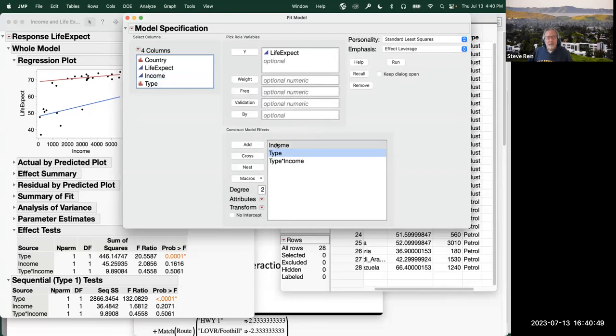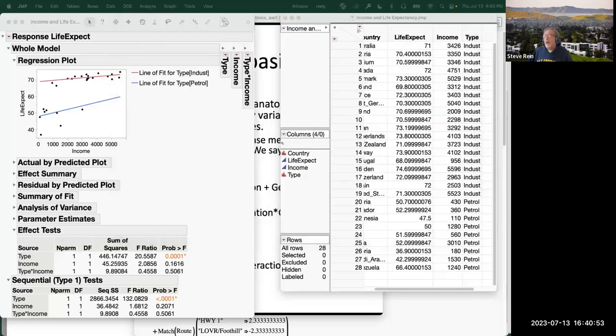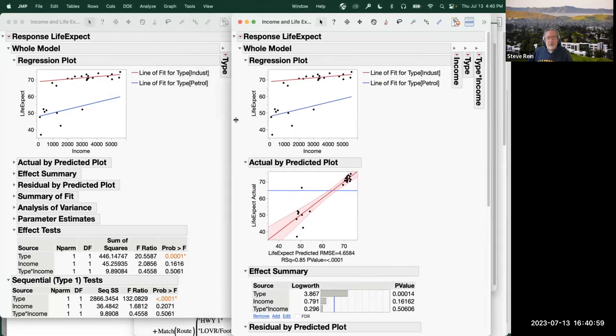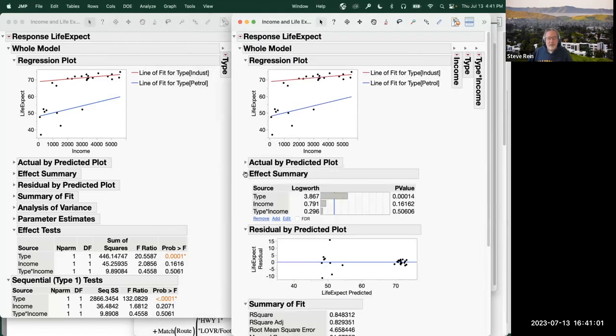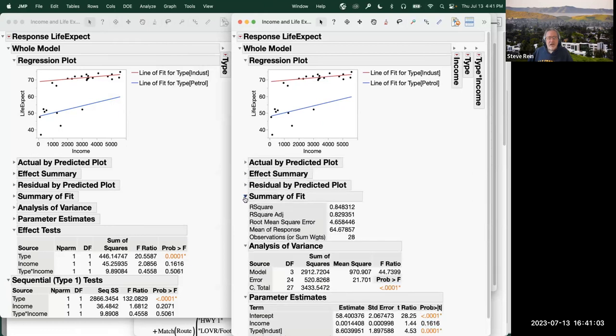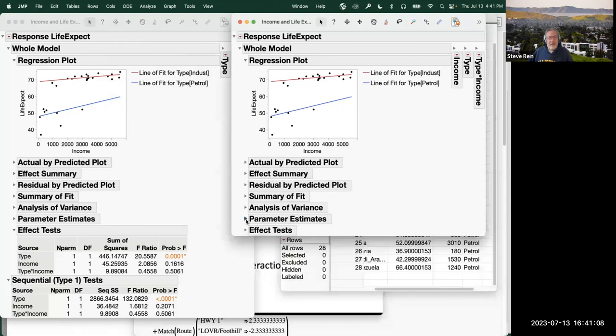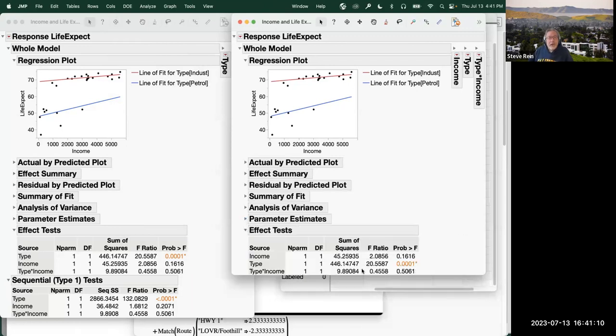Again, over here, the wrong window, and let's zoom in. Same picture shown to me. Same, so everything's the same. Our effects tests are still the same.